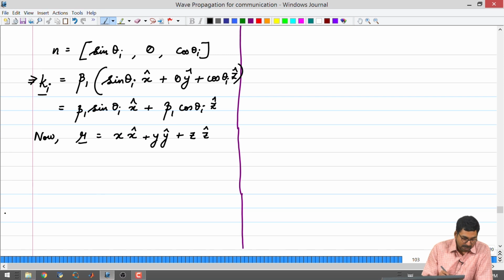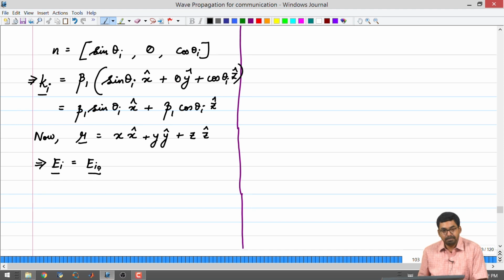So, now I can directly write down the electric field expression: E I naught exponential minus j, it was k dot r.